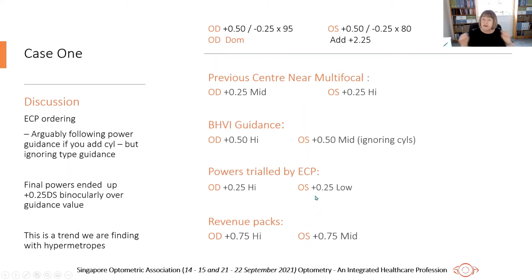This is the thinking when we talk to the ECP, what the thought process was when they're picking up the lenses. However, it turned out that the BHVI guidance was in fact a very good starting point. They were having trouble with reading. We started them again on the guidance, and actually they found they could increase that to 0.75, and the patient is now wearing these as revenue packs. So this is how we troubleshot this particular case.